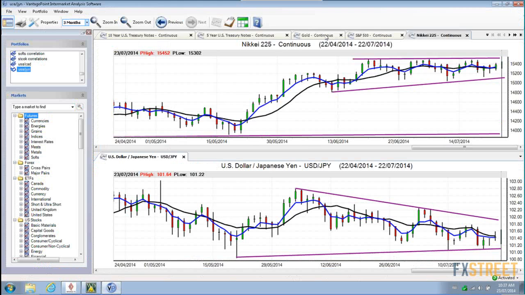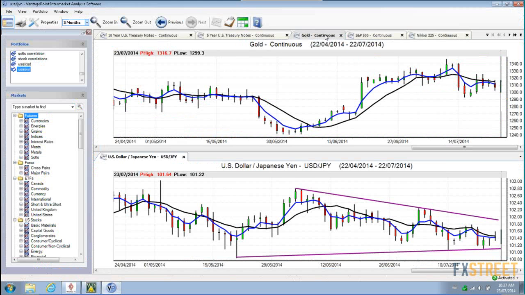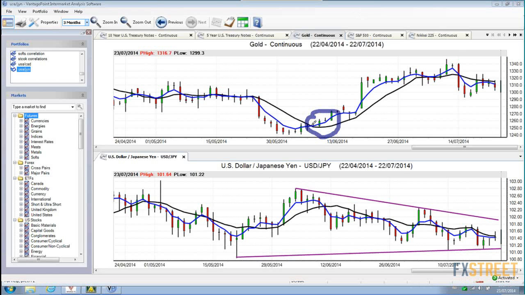So with gold, I certainly want to touch base here, because this is going to be a leading indicator for not just the euro, but also the Japanese yen. We have to make an assessment. When gold goes higher, we can see that the dollar yen responds by virtually immediately going lower. That means a stronger Japanese yen. So it tells us that the euro is correlated to gold. We know that.